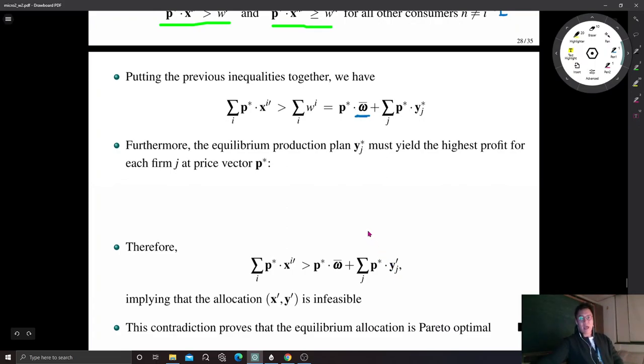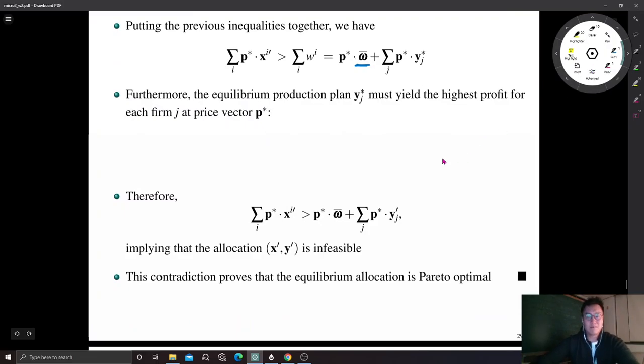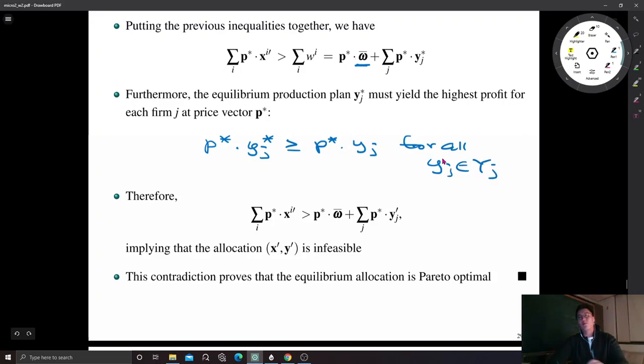All right. And furthermore, now we are almost done. The equilibrium production plan yj star, due to the first equilibrium condition, has to maximize firm j's profit. So it must yield the highest profit for each firm j at price vector P star. That means P star dot yj star should be higher than P star dot any yj, for all yj in the production set Yj.